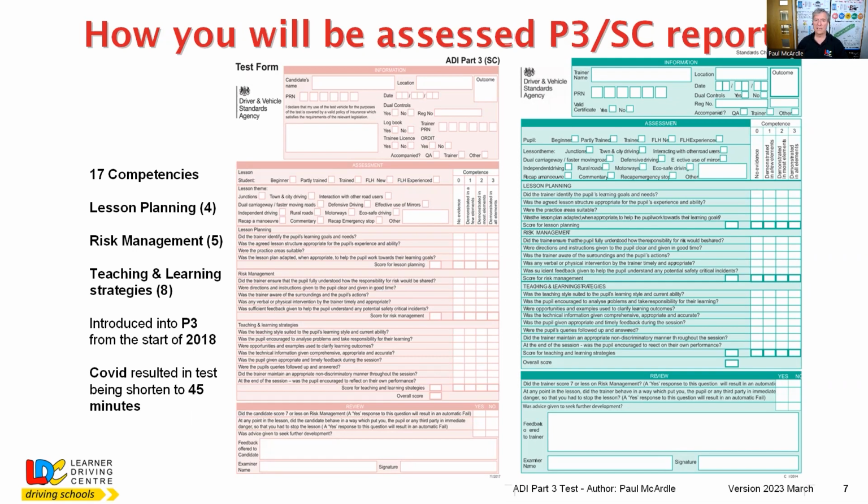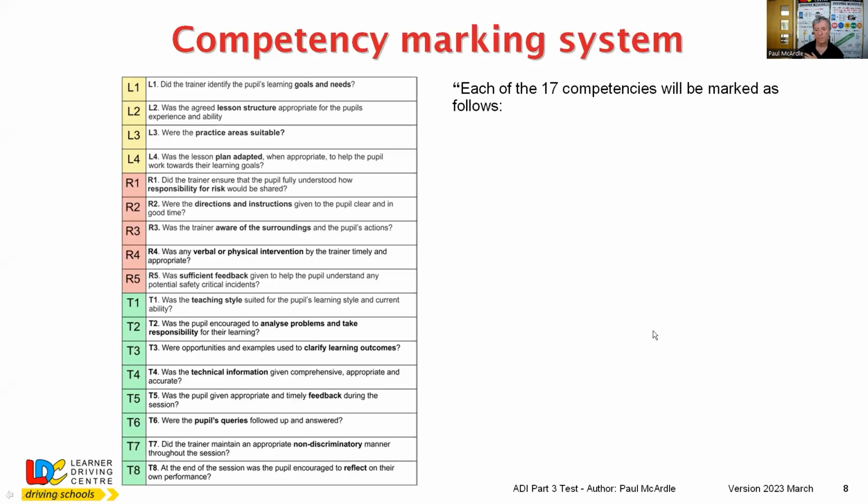The instructional techniques that we talked about, the core competencies, in fact exist within these 17 competencies, as you'll see later on when we look at them in some detail. So how are these 17 competencies actually marked on either the Part 3 or the standards check?